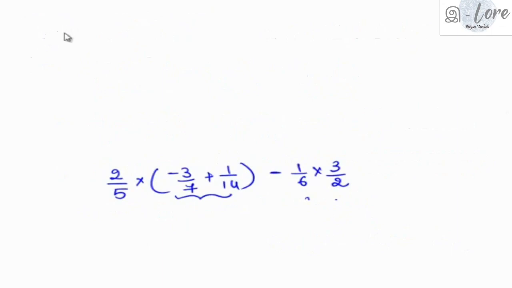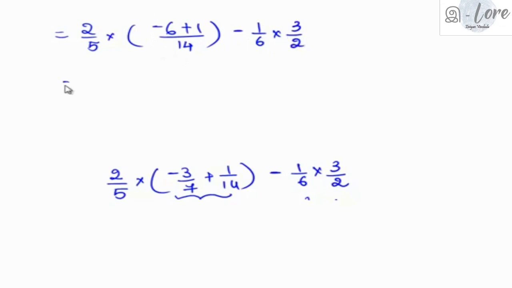We write the above expression with the common denominator of 14, which is 2 by 5 times the common denominator 14. So we multiply the first term by 2 by 2, so minus 3 into 2 will be minus 6, plus 1, which is left out, minus 1 by 6 times 3 by 2.